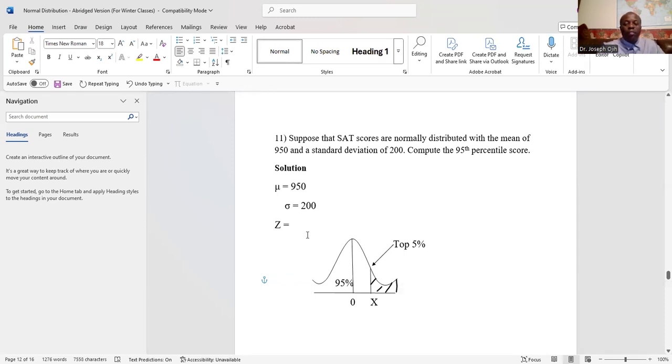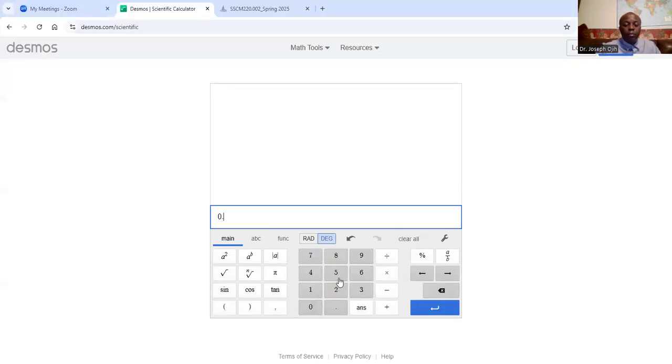According to what we have in the procedure table, we subtract from 0.5: 0.5 minus 0.05, which gives us 0.45.